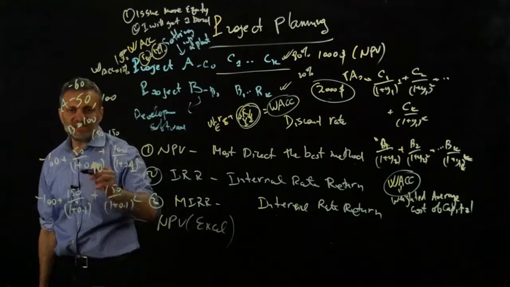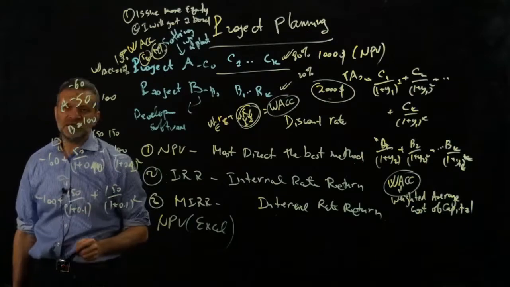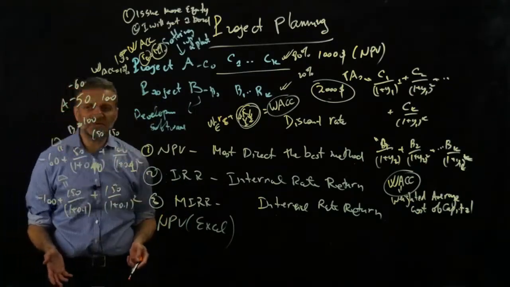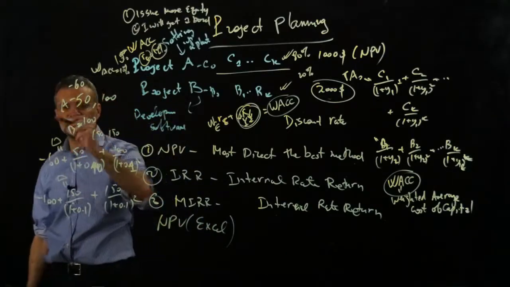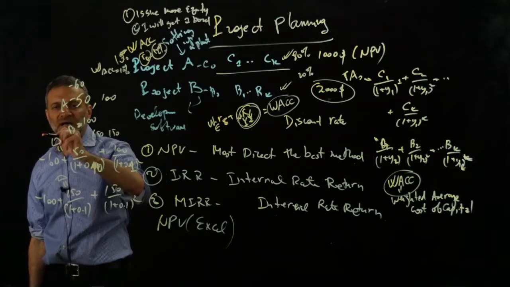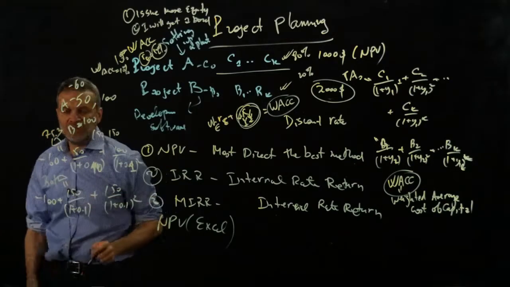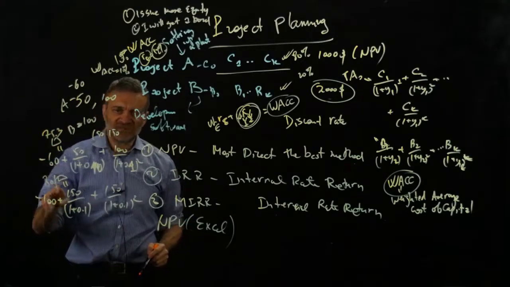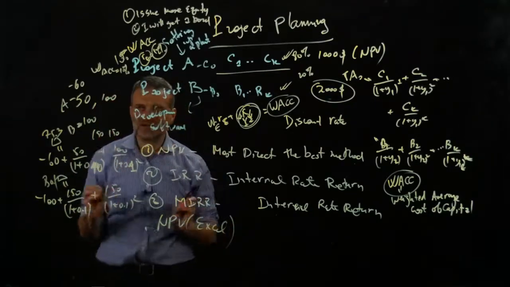You're going to get one number here and another number here, and whichever number is bigger, you're going to choose that project. So for example, let's say this is 75.3 and this one is 80.1, you will go with this. If this one were 80.1 and the other 75.3, you're going to go with the first one. So it's actually pretty straightforward.